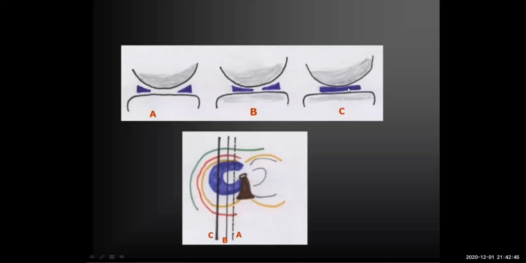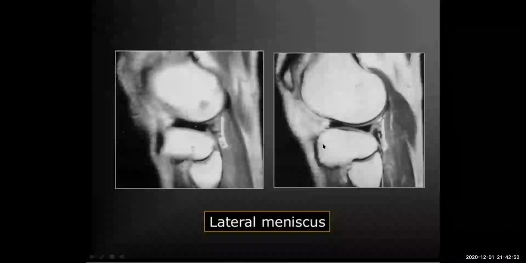First, one disc, then the cut will be like that. So this is the lateral meniscus. Why is it a lateral meniscus? Because the fibula is here. The shape of the tibia is more like a hockey stick, and then the posterior is more or less equal to the anterior. And this is the slide that I showed you.